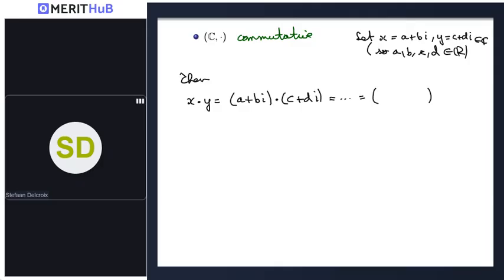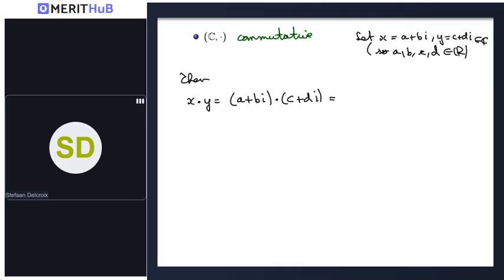Can anybody tell me what the real part will be when you FOIL out a plus bi times c plus di? Hmm? We have to really FOIL it, so let's maybe spend the time on there and do that.